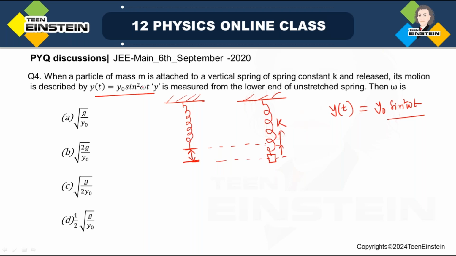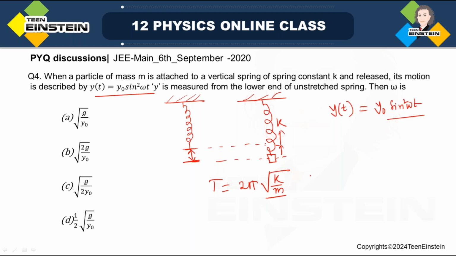We know, if this motion is somehow proved to be simple harmonic motion, then the rest of the thing I know what to do. Then for a simple harmonic oscillation with the spring, I know the time period is equal to 2 pi root over m by k.